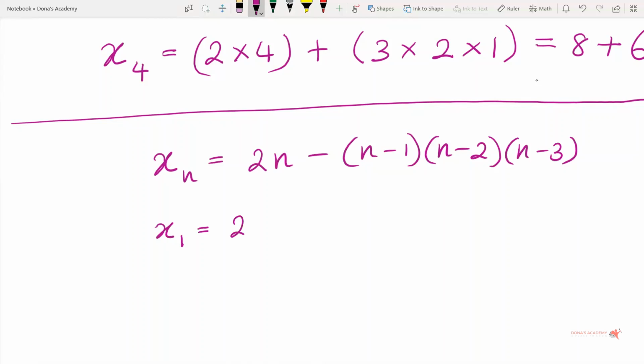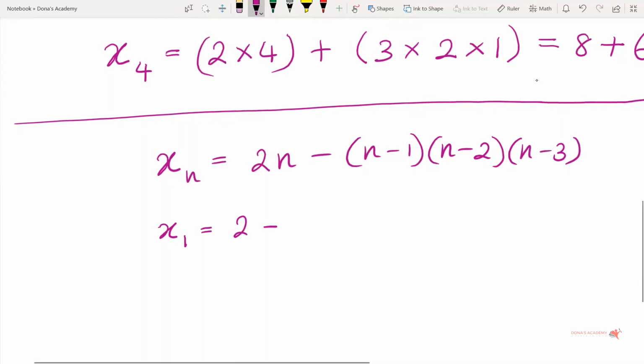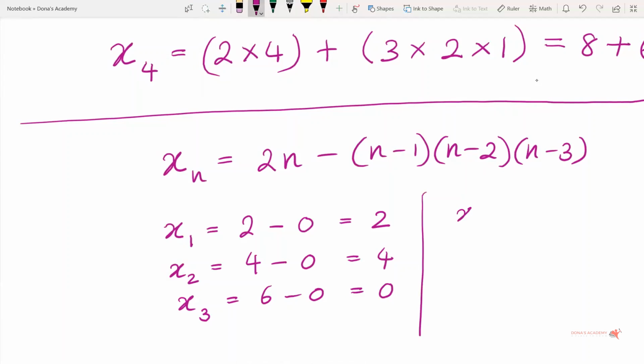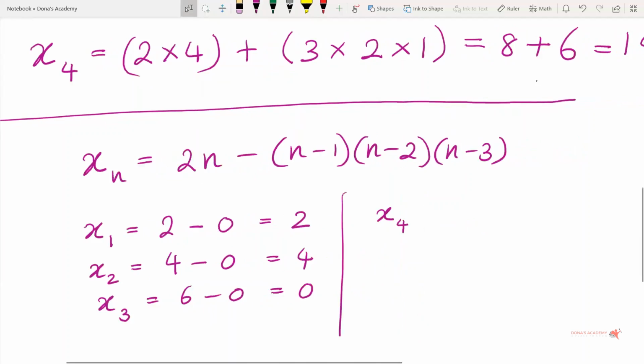I will get 2 minus exactly 0, right? Which is 2. x2, it is completely obvious. Again, 4 minus 0, 4. x3 is 6 minus 0, 6. However, what is x4? Is it 8 or 14?